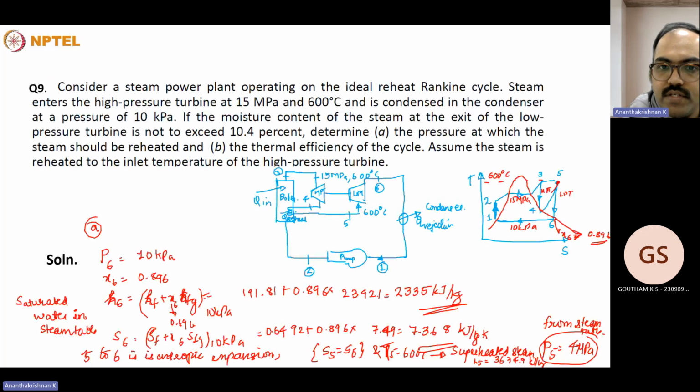The B part of the problem, we need to calculate the thermal efficiency of the cycle. So it's straightforward. Thermal efficiency will be equal to 1 minus Q out divided by Q in. Q in will be a combination of two heat inputs. One will be in the actual boiler plus one will be the reheating.